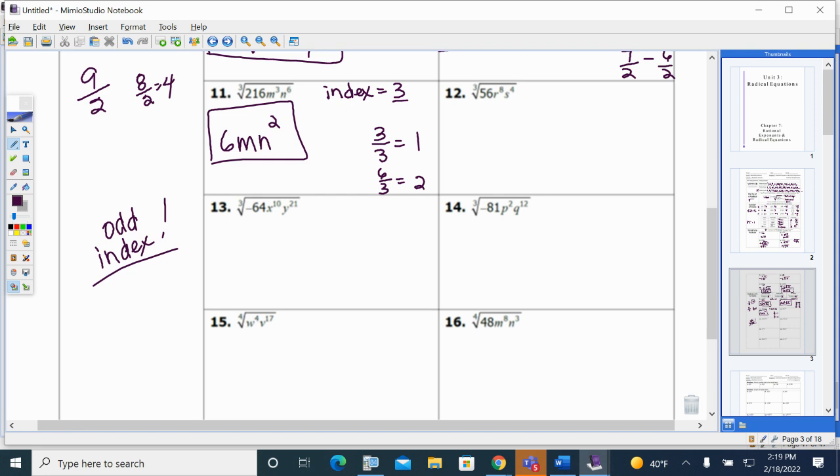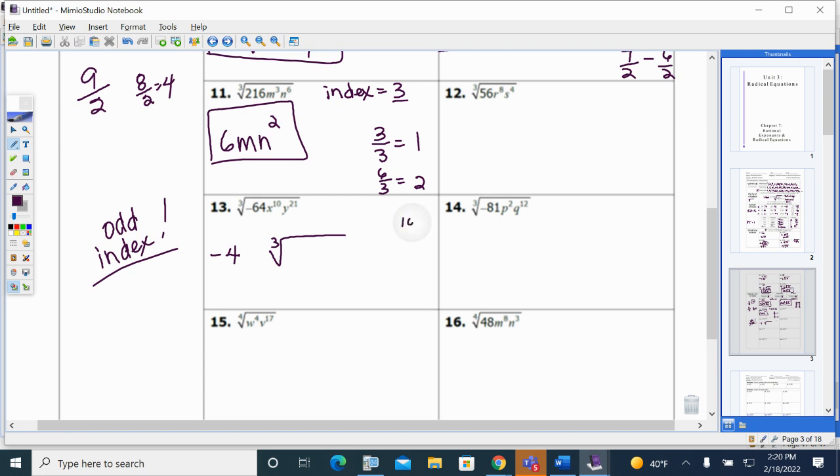And then the cube root of 64 is going to be 4. So for my number part, I've got a -4 on the outside of my radical. Because again, the cube root of 64 is 4. Cube root of -1 is -1. So -4. How about my x's?